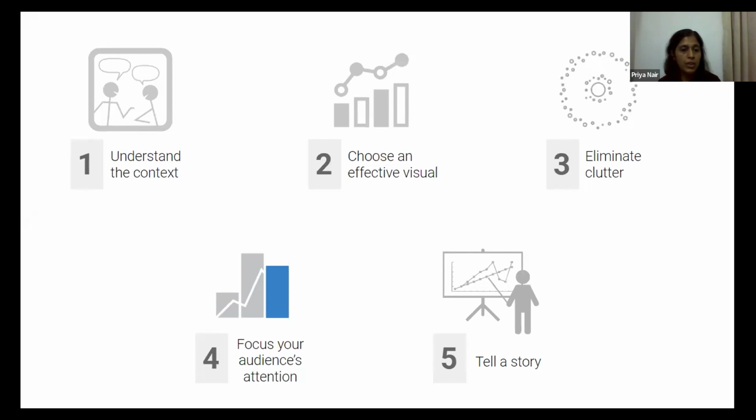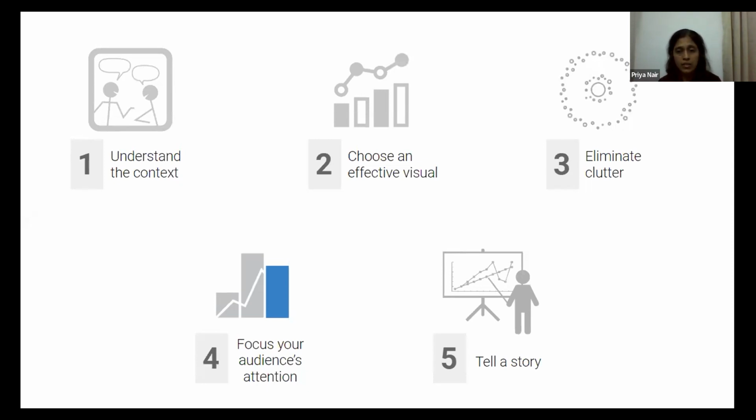And then fourth is focus your audience's attention. You have to use those principles which we saw, especially the pre-attentive attributes that we discussed, to bring your audience's attention or focus to that particular point of your graph, so that they get the message which the visual is trying to convey.